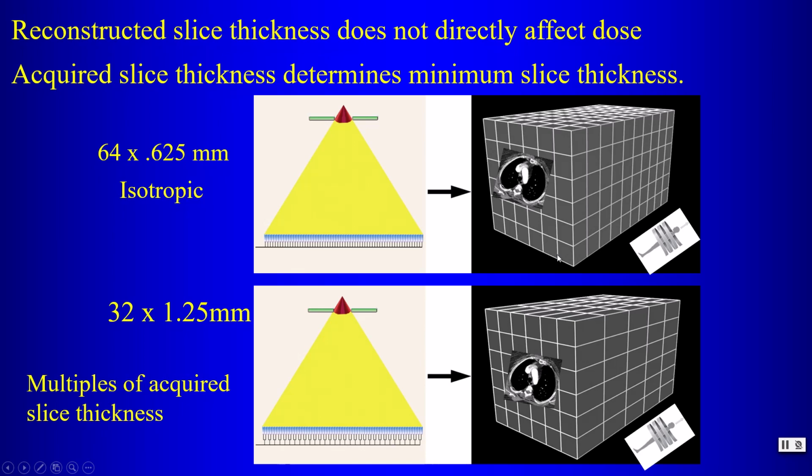So when you reconstruct these voxels, these voxels have the same resolution in all dimensions, and so that is called isotropic imaging.